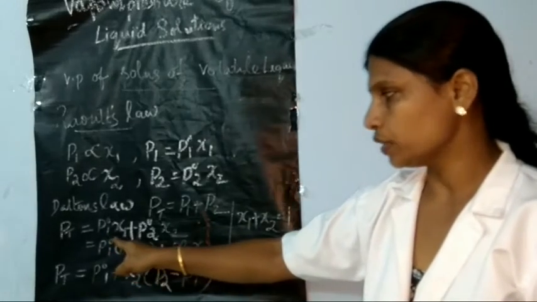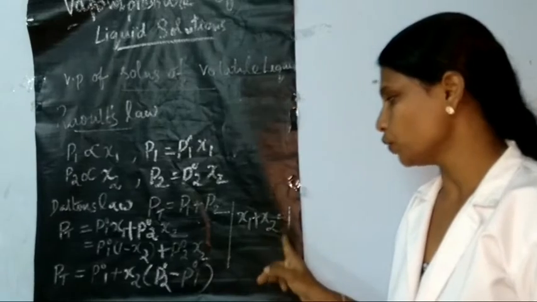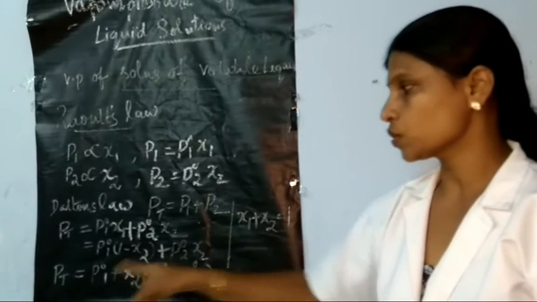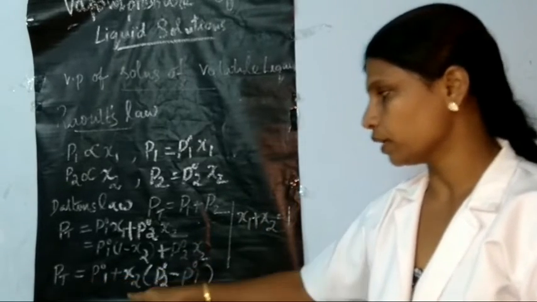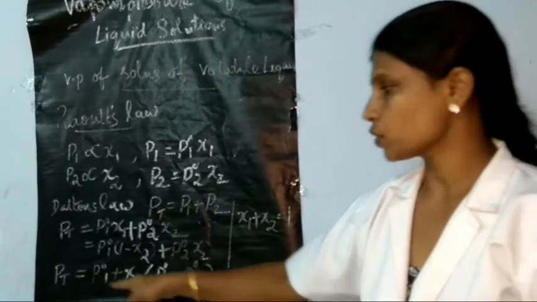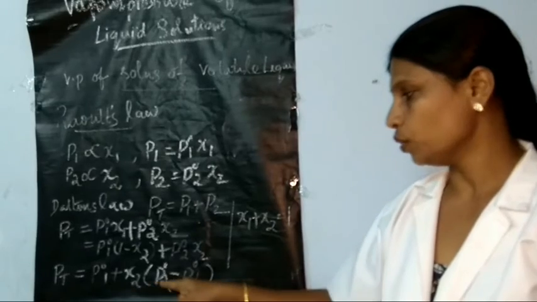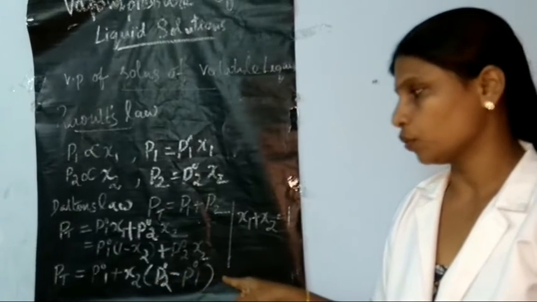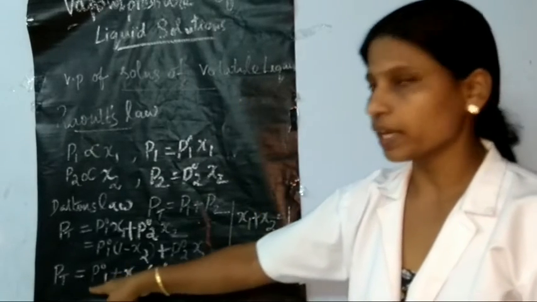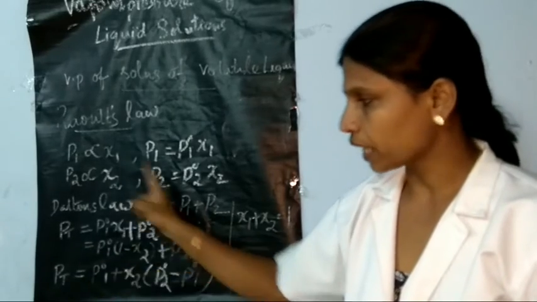Instead of X1, we can substitute 1 minus X2 so that the equation is completely in terms of X2. So, P total is equal to P01 plus X2 into (P02 minus P01). From this final equation we can make some conclusions.